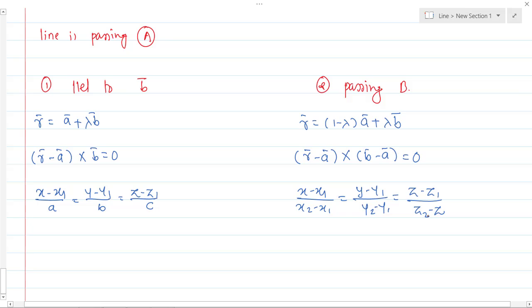So these are the 3 different equation of lines for the 2 different conditions. Okay, so I hope everything is clear now. Don't try to mug up this, just practice the questions, you will directly get these formulas. Okay, perfect.